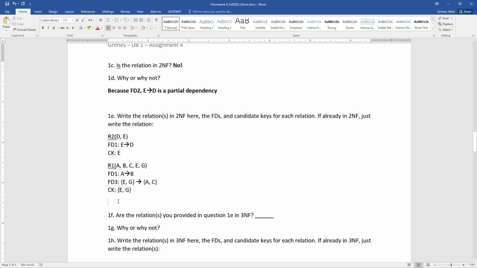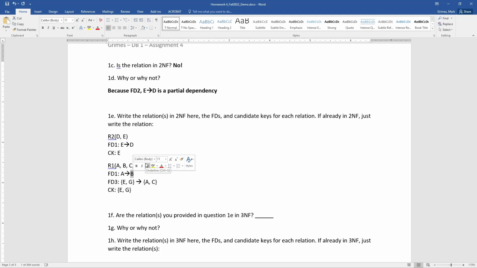Now, question 1F, are the relations provided in question 1E in third normal form? So recall, a third normal form violation is when we have what we call a transitive dependency, which is when a non-key attribute functionally determines another non-key attribute. Well, in this case, both A and B are non-key attributes, okay?